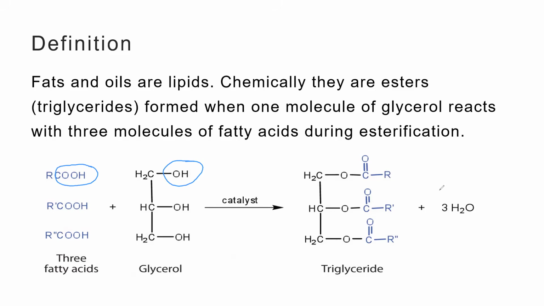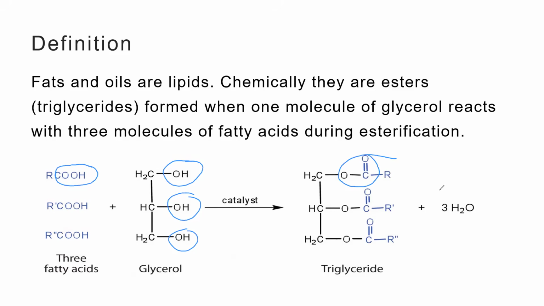So this is glycerol, but glycerol has 3 OH groups. And remember when we did alkanols, we said alkanols with 3 OH groups are said to be trihydric. So glycerol is a trihydric alkanol, and each of these functional groups on glycerol will react with one fatty acid, and you see what the reaction results to.